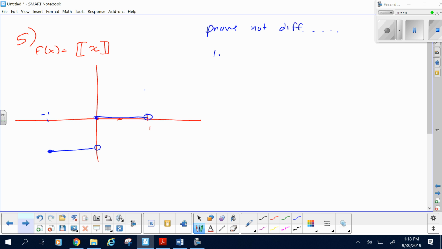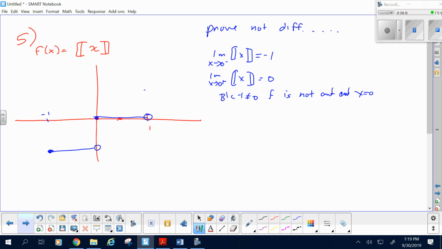So for example, if you said the limit as x goes to 0 from the left is -1, and the limit as x goes to 0 from the right is 0, you could say because -1 is not equal to 0, f is not continuous at x equals 0, therefore it is not differentiable. Okay, that would be sufficient.